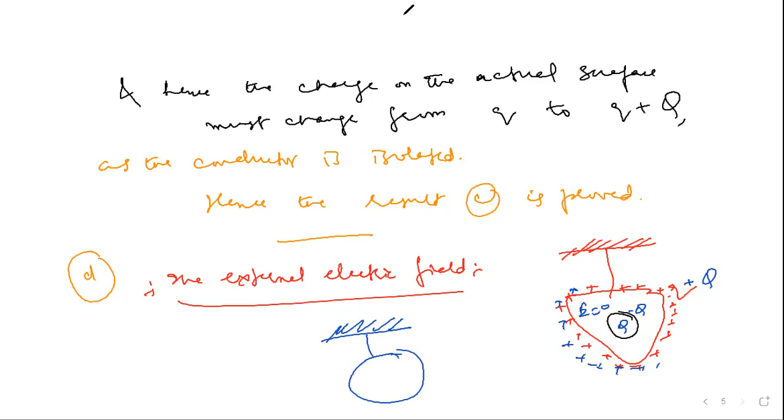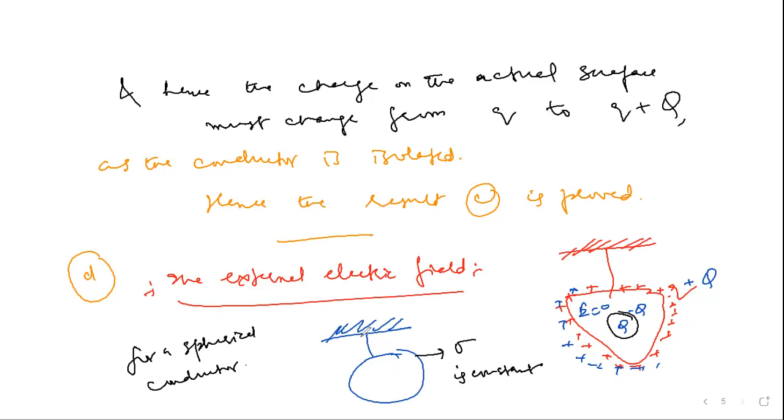I repeat, for a spherical conductor, sigma, that is surface charge density, is constant. So if I have a spherical isolated conductor and I put some charge on it, that charge will go to the outer surface and be distributed uniformly over the surface. That means surface charge density will be constant over the surface.